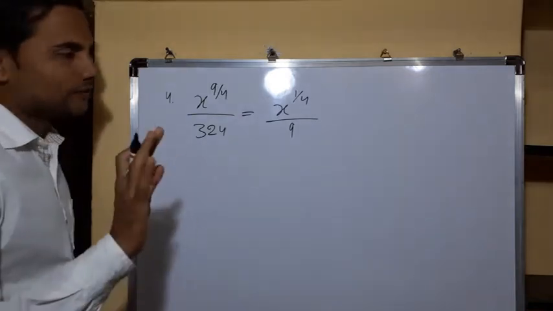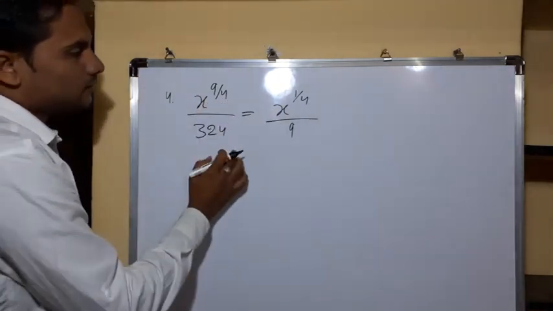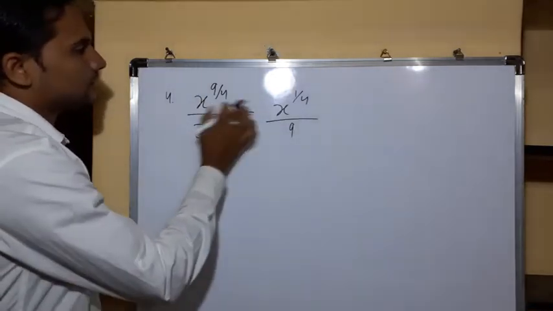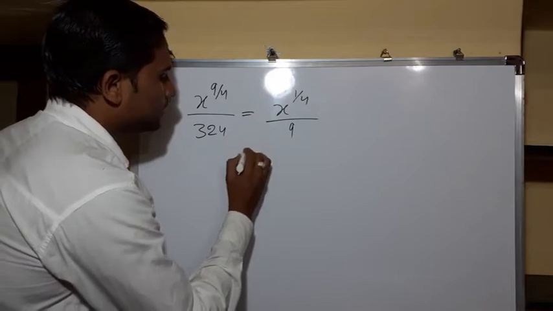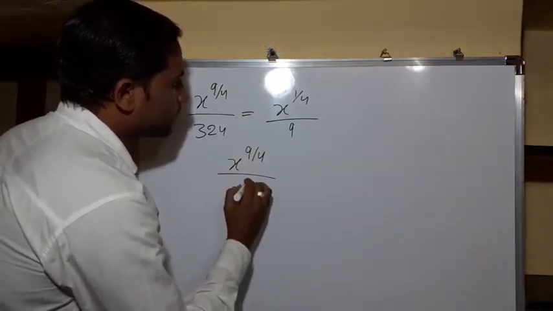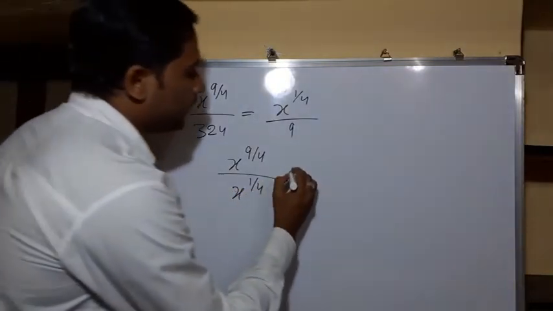So first what I will do, friends, I will separate the like terms on one side and unlike terms on the other side. So first I will separate this x raised to 9 by 4 divided by x raised to 1 by 4 equals 324 by 9.